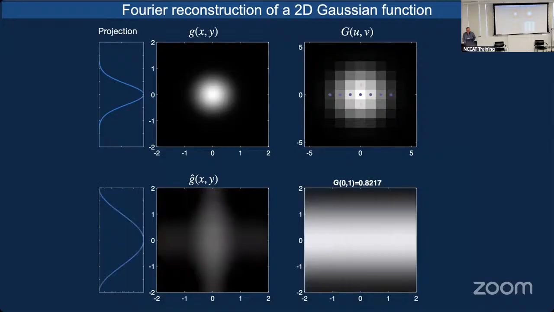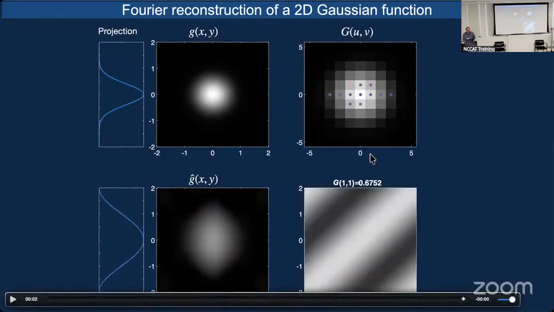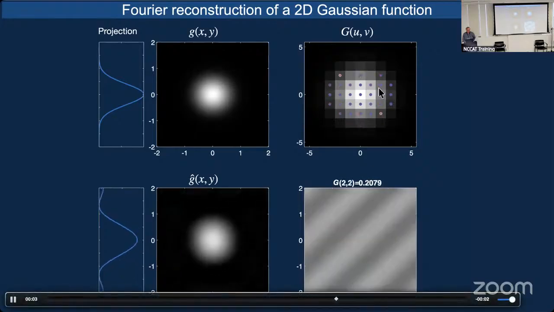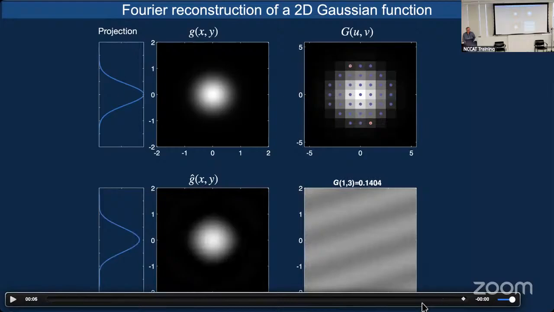So as I add in more and more terms, I'm adding in more and more gratings. And as I fill in the plane here with all of the possible gratings, turns out that if I go out that far, I get a pretty good reconstruction of my original function. So this is a 2-dimensional Gaussian.